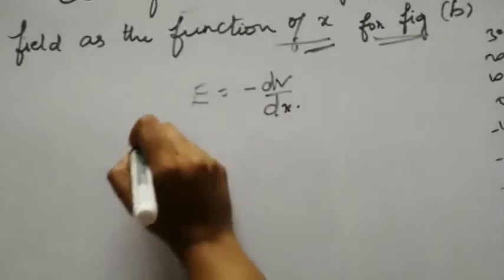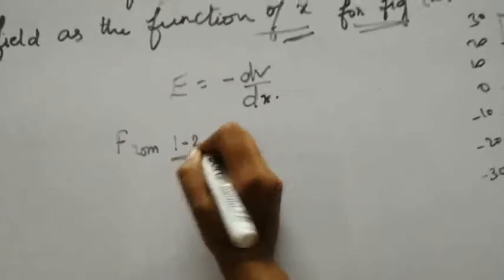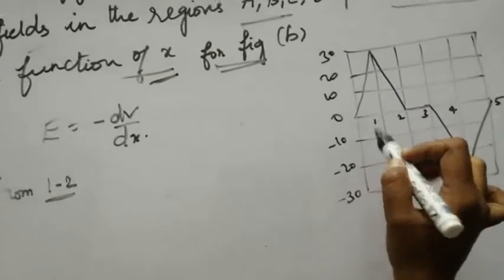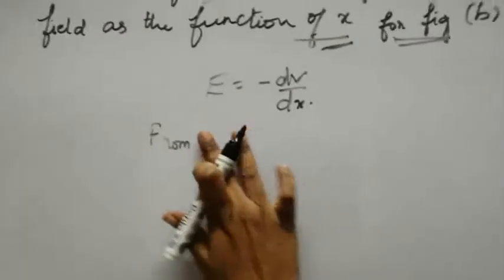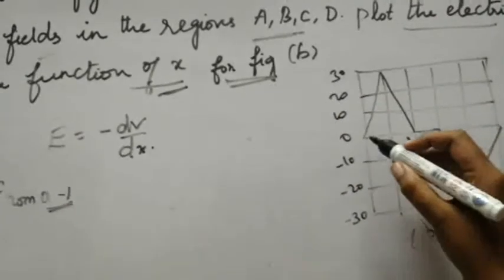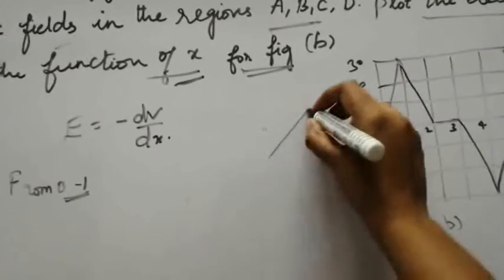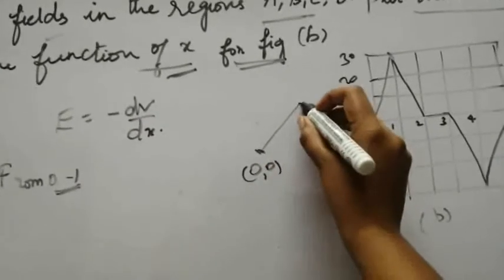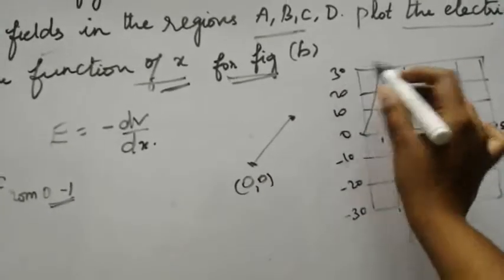Sorry, 0 to 1 first. So in the region 0 to 1, this is my initial point and this is my final point. So the slope is like this. Initial point is 0, 0 and final point is 1 on the x-axis and 30 on the y-axis.